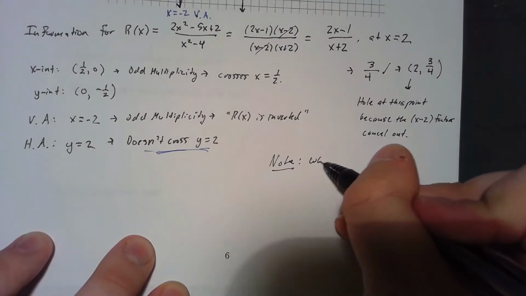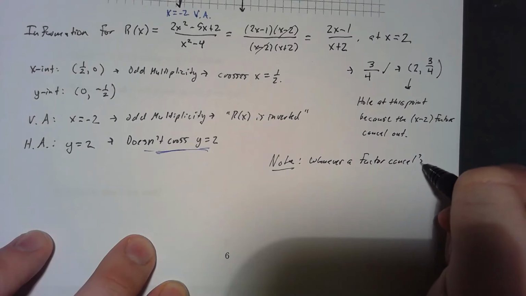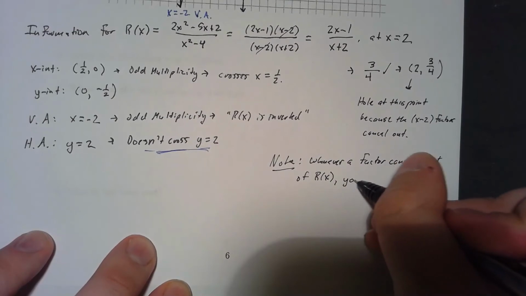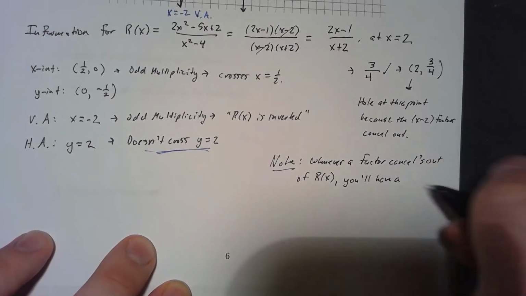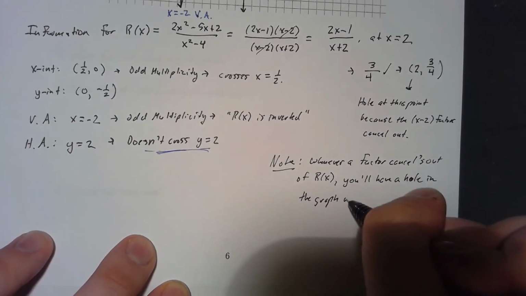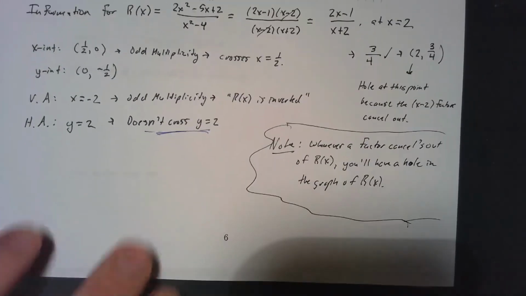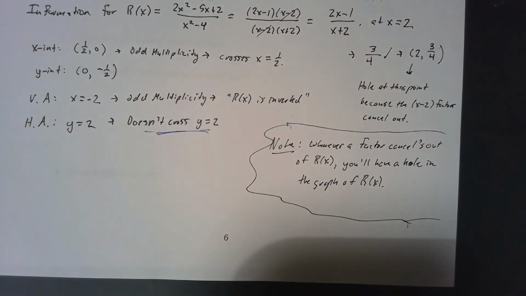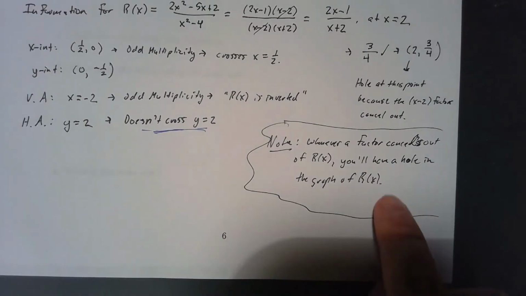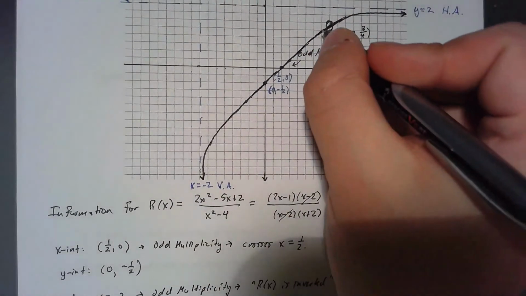Note: whenever a factor cancels out of r of x, you'll have a hole in the graph of r of x. That will happen. So you're going to have a hole there.